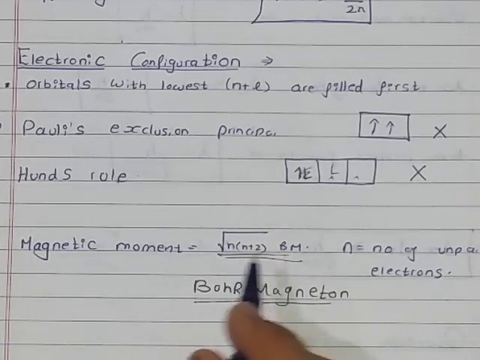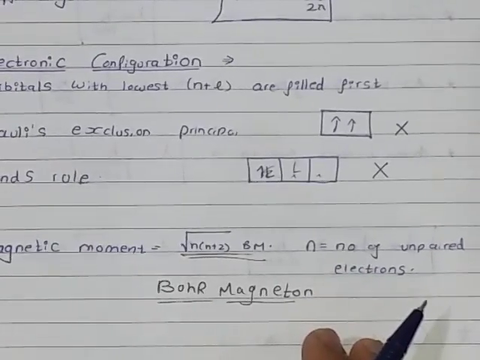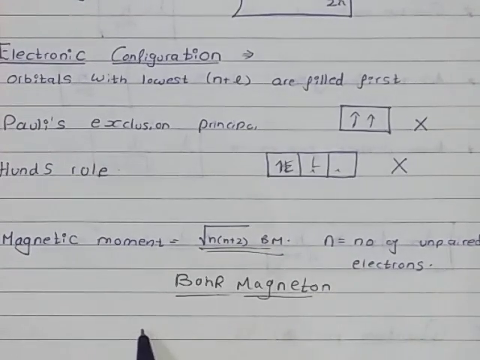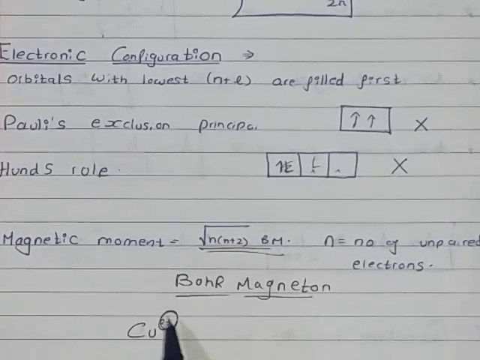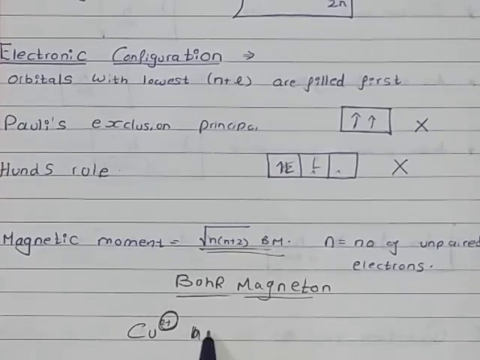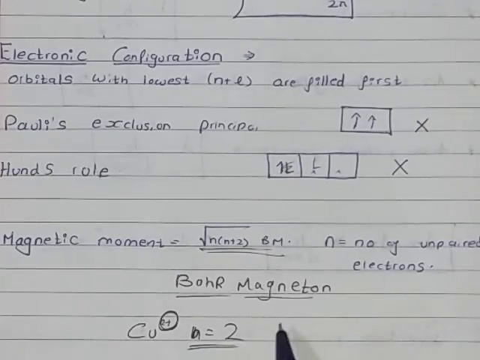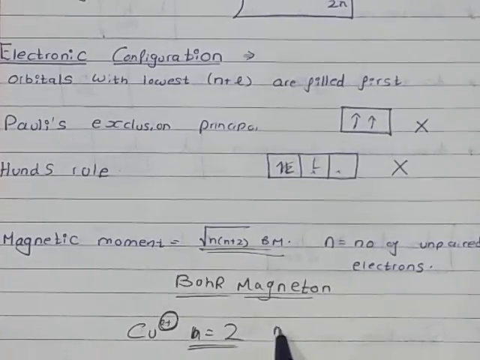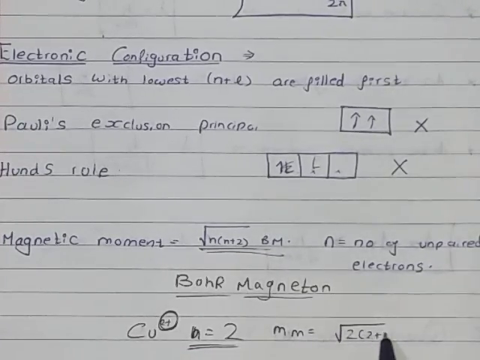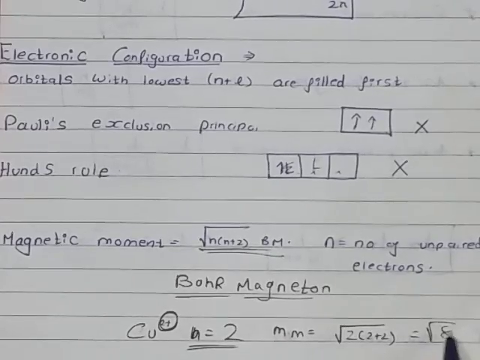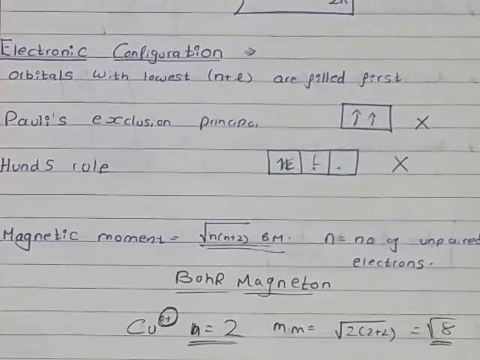And what is n? n is the number of unpaired electrons. If I take any element, suppose Cu2+, which has 1 unpaired electron, so n equals 1. Therefore magnetic moment equals under root of 1 into 1 plus 2, equals under root of 3.